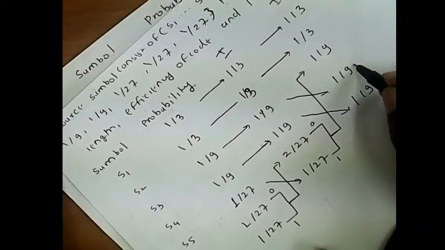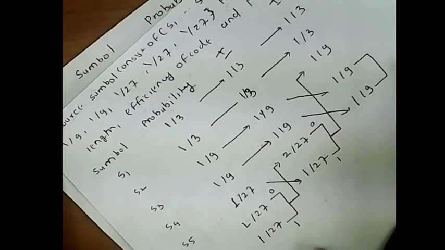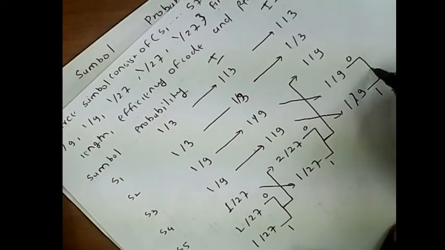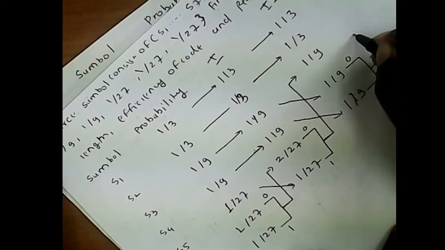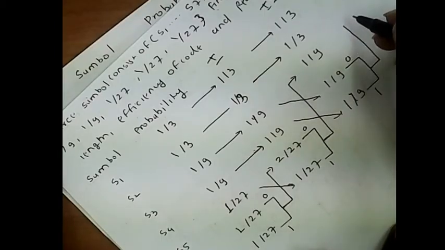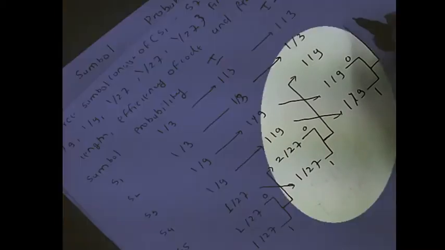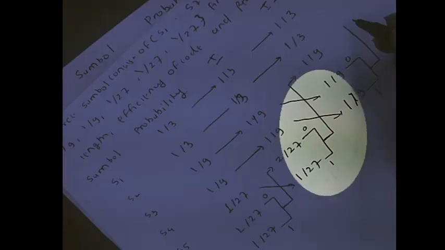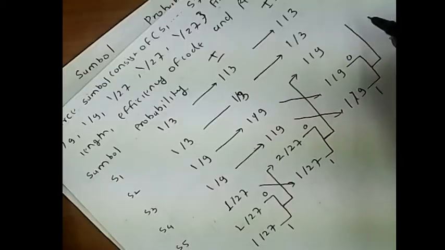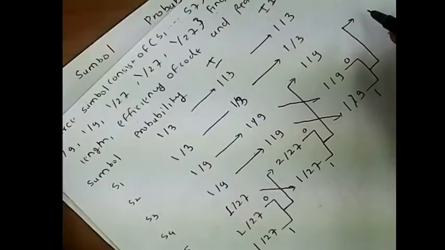Again combine these two lower probabilities, assign 0 bit for upper and 1 for lower. Then place it as high as possible, that is 2/3.